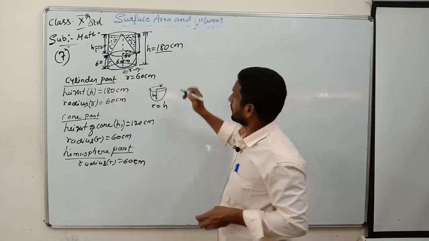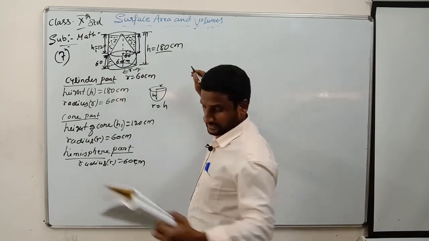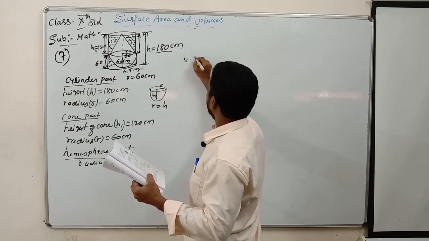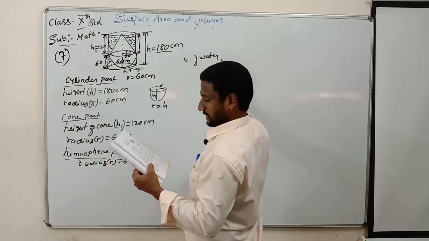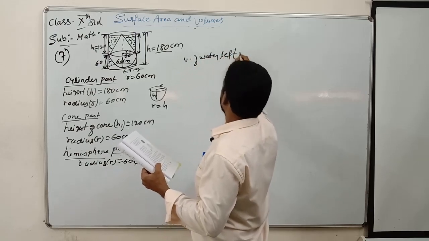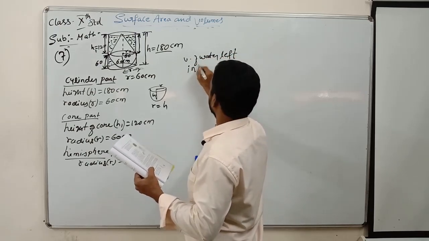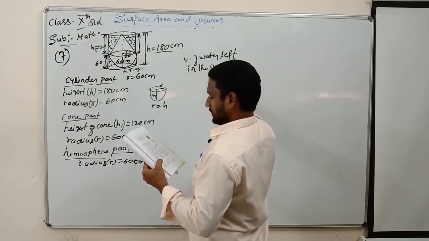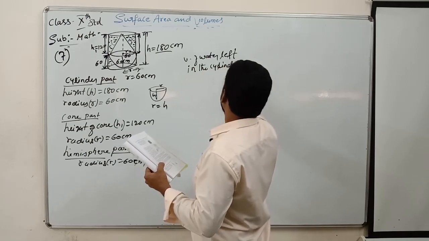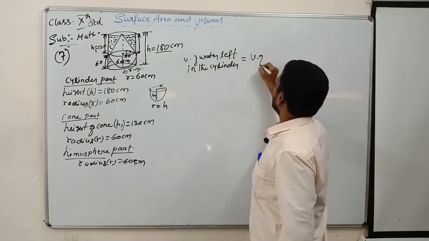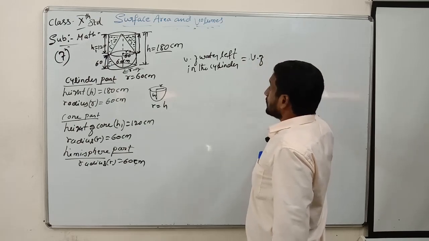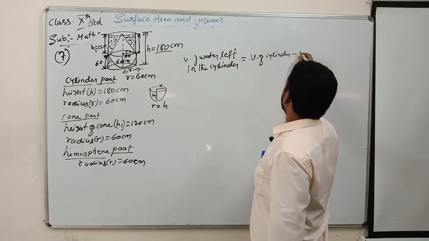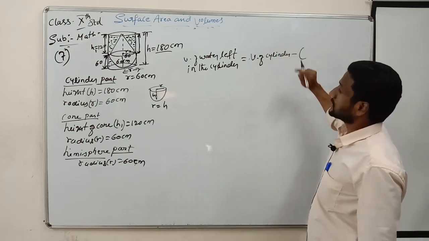Now see how to calculate here. The volume of water left in the cylinder is equal to the volume of the cylinder minus what you should subtract here?